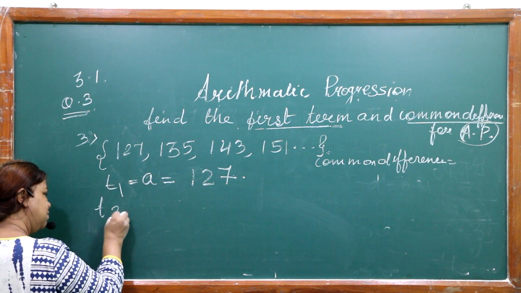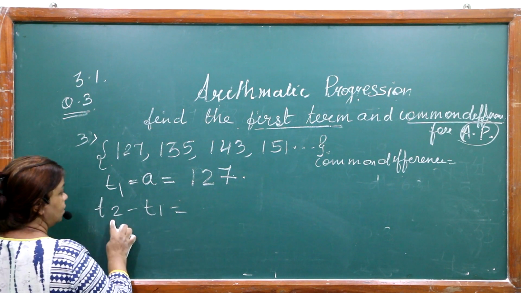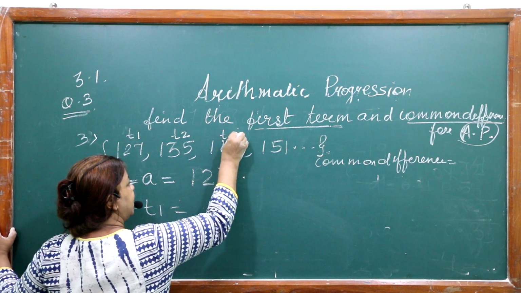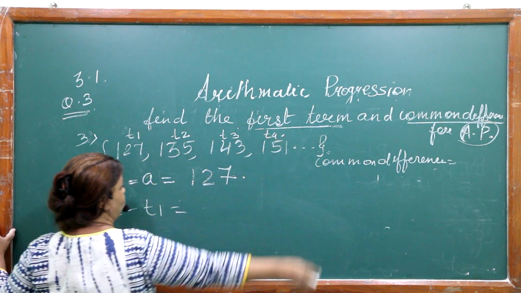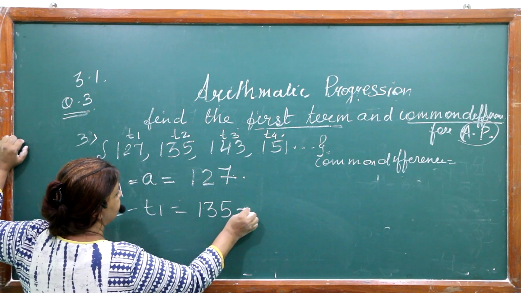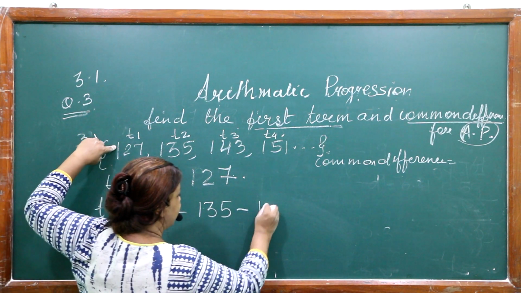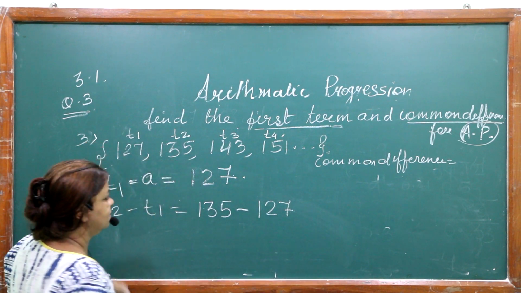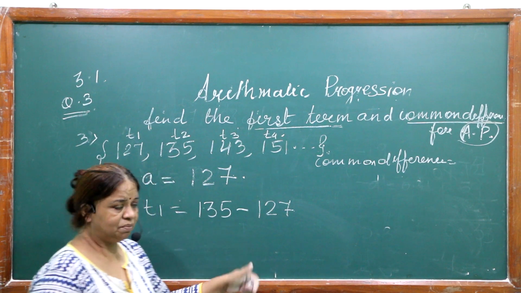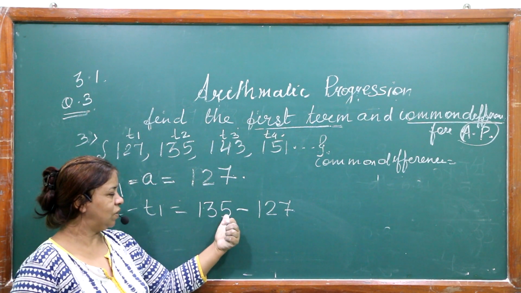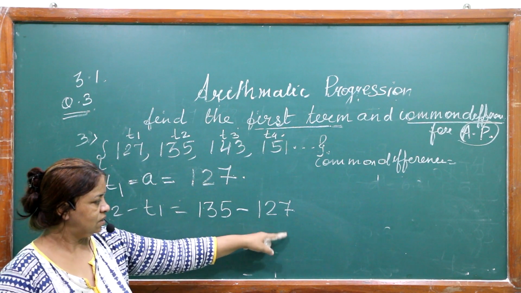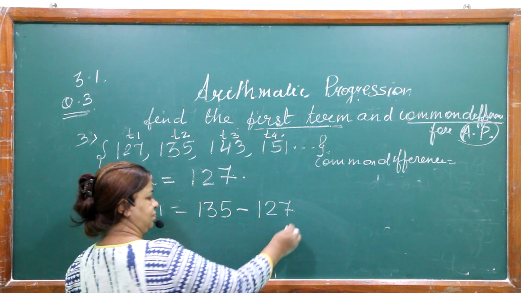You will follow the same, T2 minus T1. Let me write here T1, T2, T3 and T4. Now T2 is 135 minus T1 is 127. When you subtract, 127, this is 3 and 5, 8.